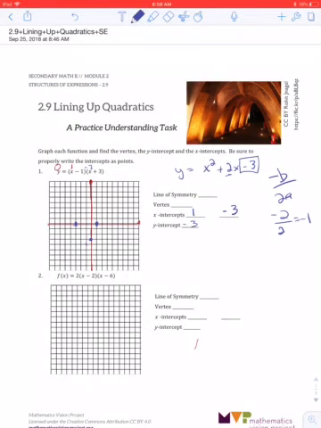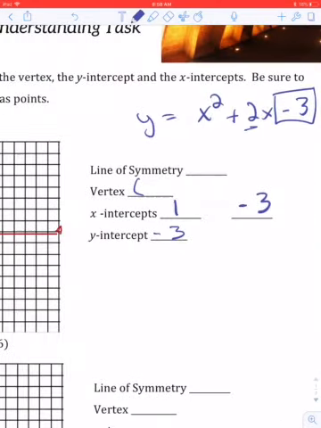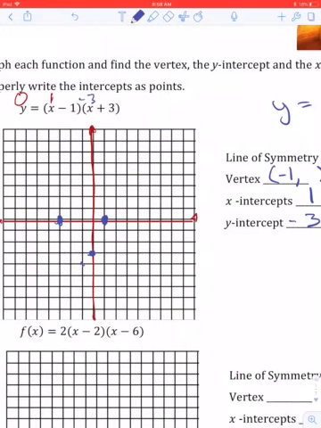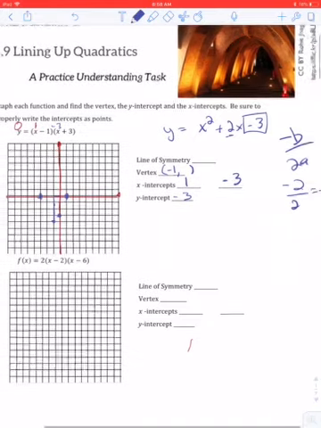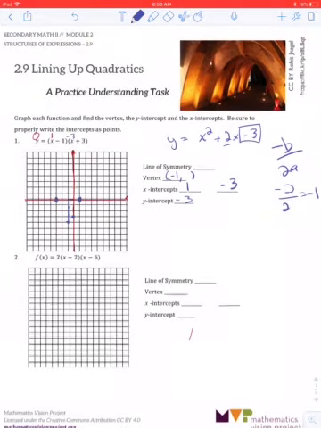So let's see, we have a y-intercept of negative 3, and we got a vertex at x equals negative 1. Negative 1 comma something. So the question is, if we go over 1, how far down do we need to go to get to the vertex? So just to be sure that we have the right answer, I'm going to plug negative 1 into the equation.